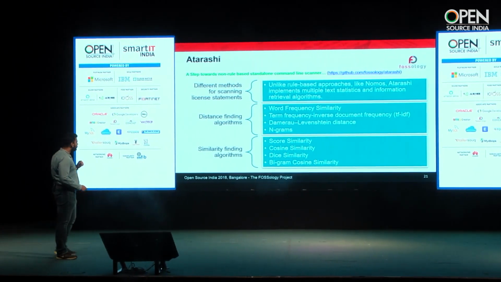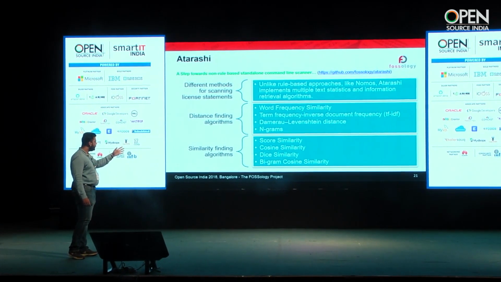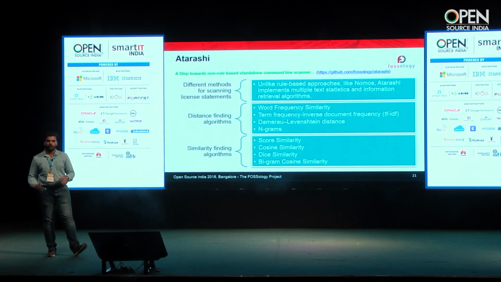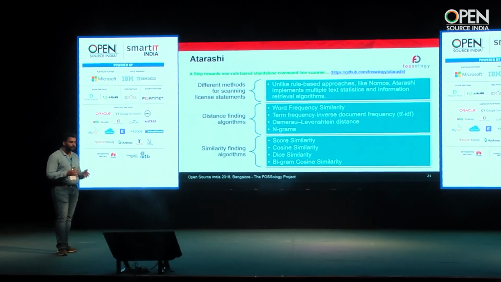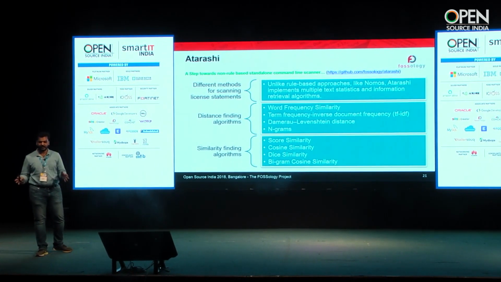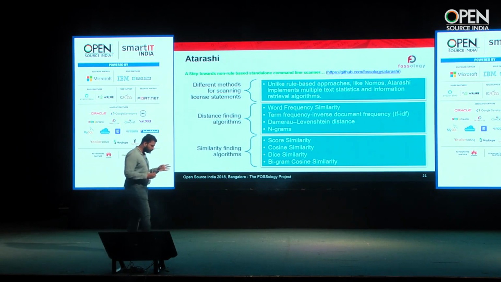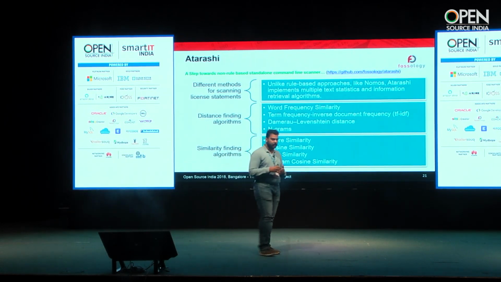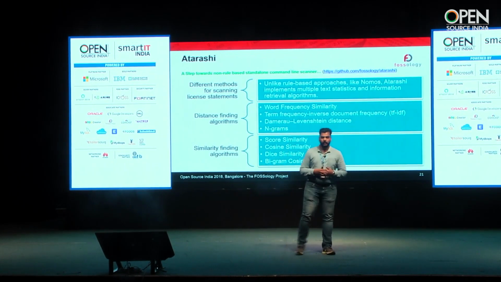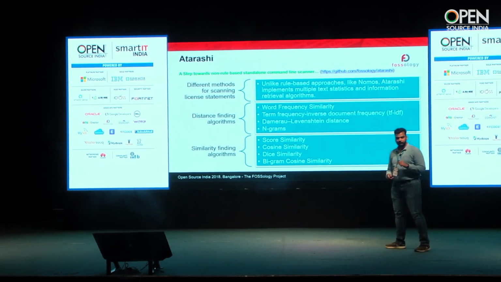I have mentioned some of the algorithms here, like TF-IDF, DLD, n-grams. We use all those algorithms, so we prevent ourselves from doing a full text scan. It also uses basic formats like CSV and JSON as data source, which increases the flexibility of the tool.